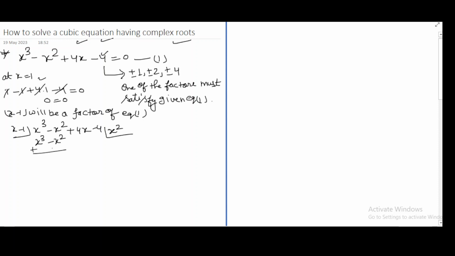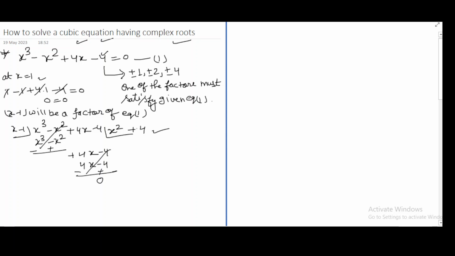Both terms cancel out, and we have the terms plus 4x minus 4. Then we multiply x minus 1 by 4 so that we get 4x minus 4. Again the remainder is 0. So we are having x square plus 4 as the quotient, which is another factor.